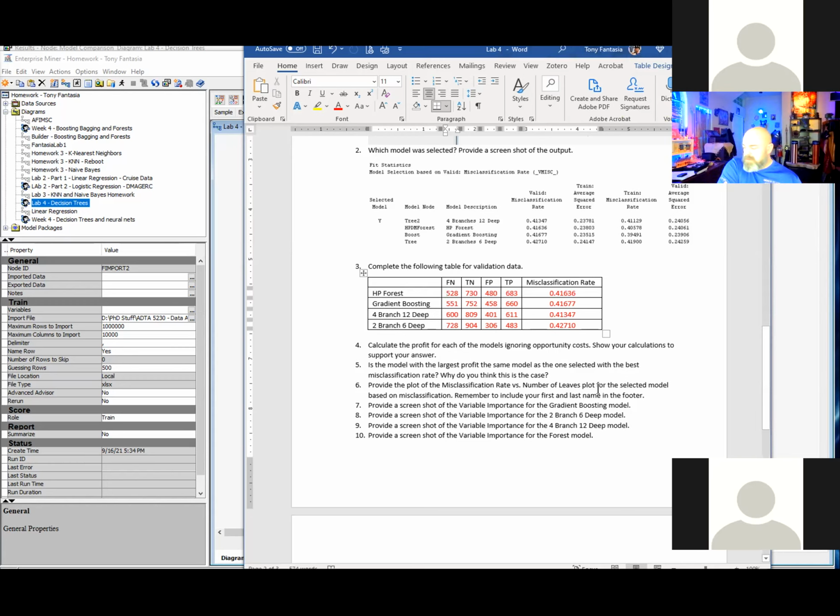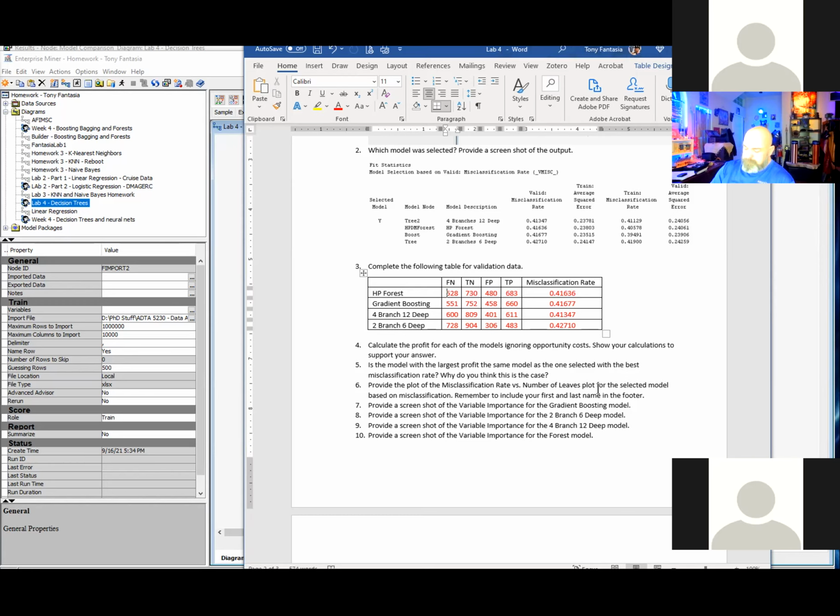I'm trying to remember. I think my answer to that question, again, I don't know if it's right or not, I just said they're looking at 2 different things. If we're looking at misclassification, then we're looking at our false positive or false negative and true negative to determine our error rate. Whereas with the profit, we're looking at our false positive and true positive to determine our revenue and costs. So it's using 2 different metrics to assess.